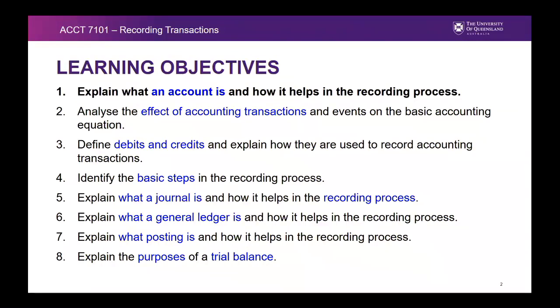We're going to take an event or a transaction, convert it into a journal entry, and then combine our journal entries and put some information into ledgers. After the ledgers, we'll be in a position to produce a trial balance, which sets us up for producing financial statements. So we're going to travel a long way today.